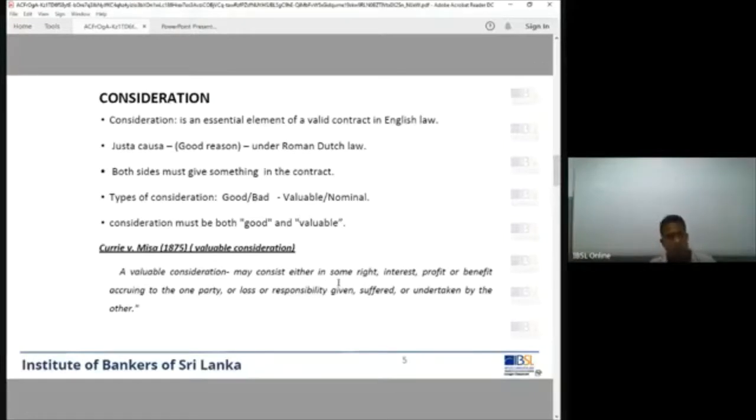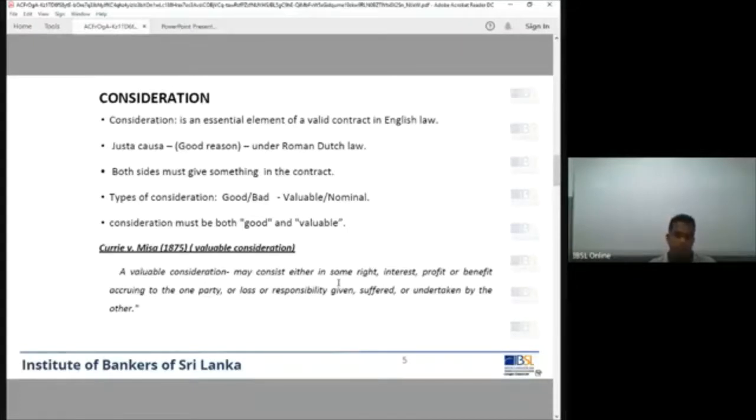Right? When we take the consideration we can classify it into 4 categories. Number 1, good consideration. Number 2, bad consideration. Number 3, valuable consideration. Number 4, nominal consideration. Those are the 4 types of consideration.